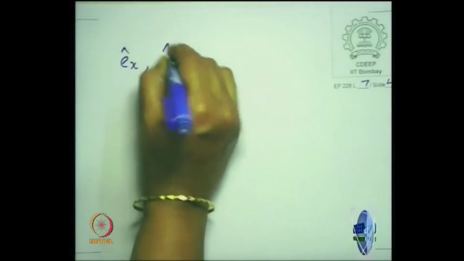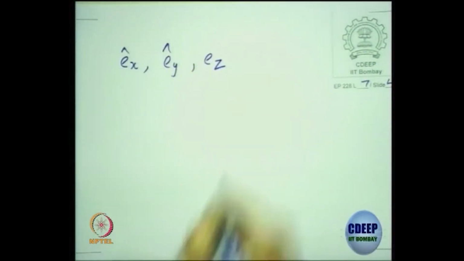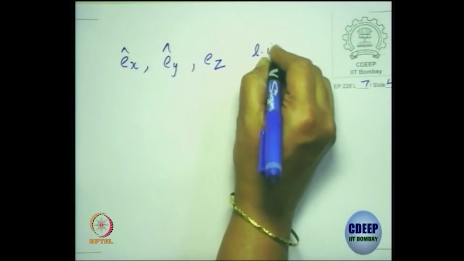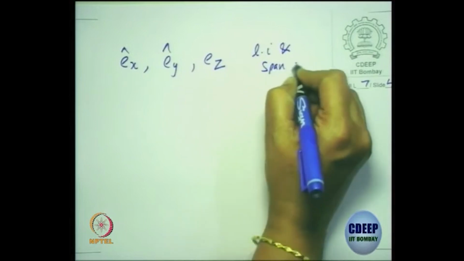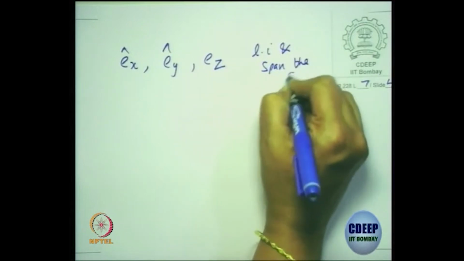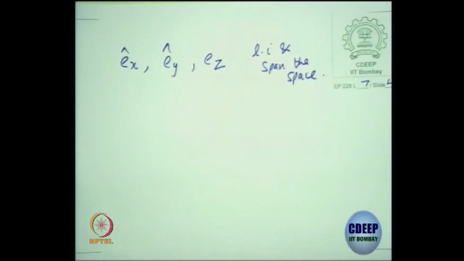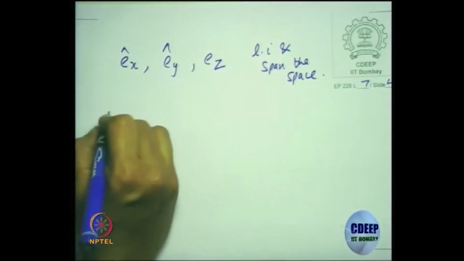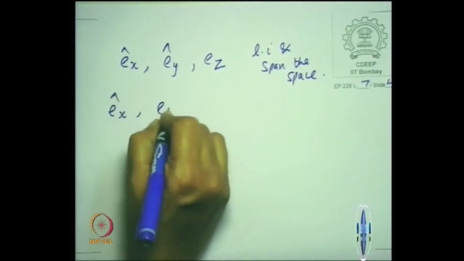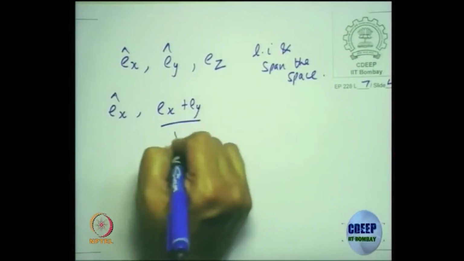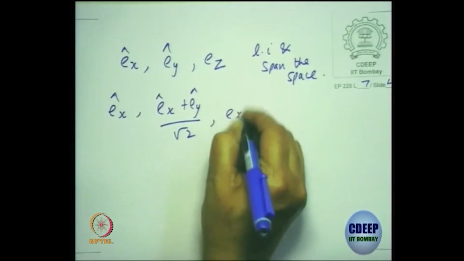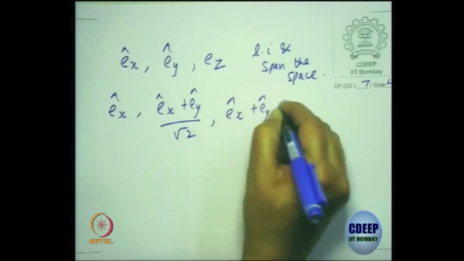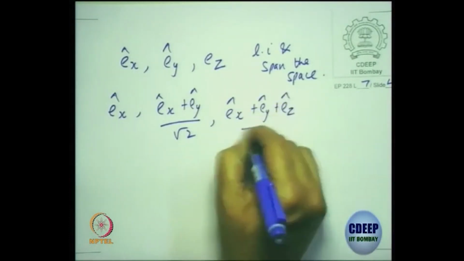You could have Ex, Ey, Ez. I will put L.I. as linearly independent and span space. You could also have something else like Ex plus Ey by root 2, Ex plus Ey plus Ez by root 3.